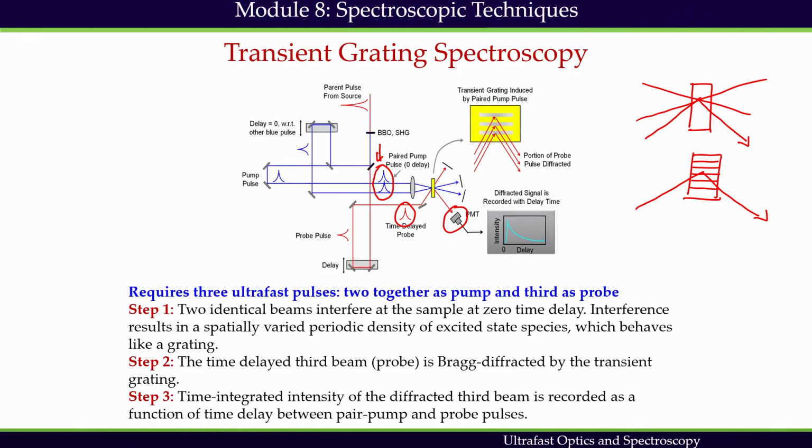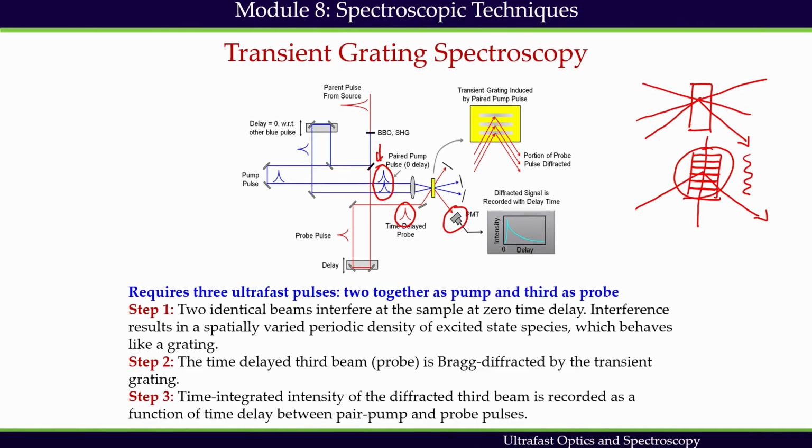So, it is quite clear that we see the diffracted beam as long as this transient grating is present in the sample, and the transient grating is nothing but a variation of the excited state species density in the medium, and this variation occurs due to an intensity variation like this along this direction.